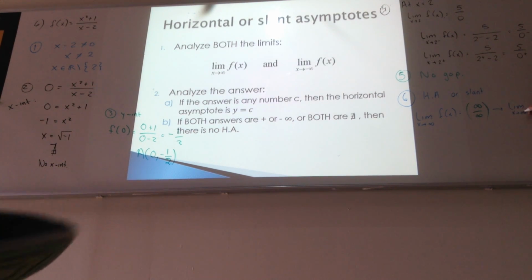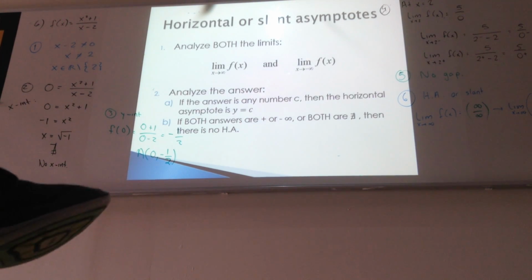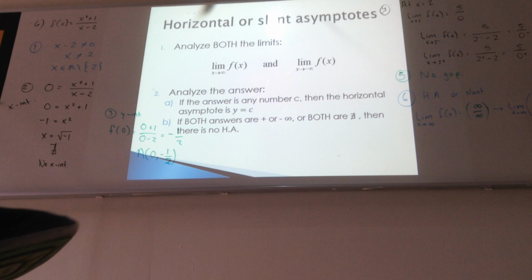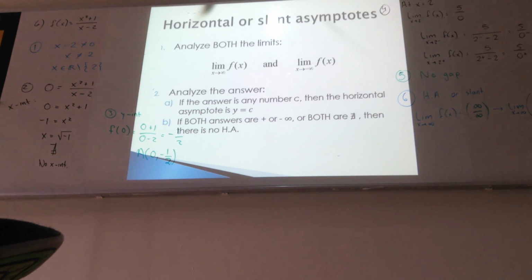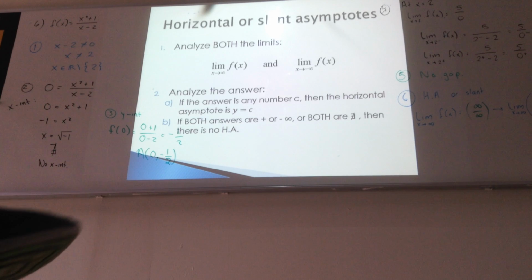Limit x approaches infinity of x squared. Let's do it directly. Divided by what? Each term, by x. So x squared over x is just x, plus 1 over x over x over x, 1 minus 2 over x.